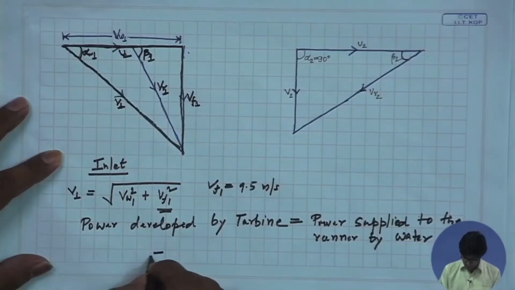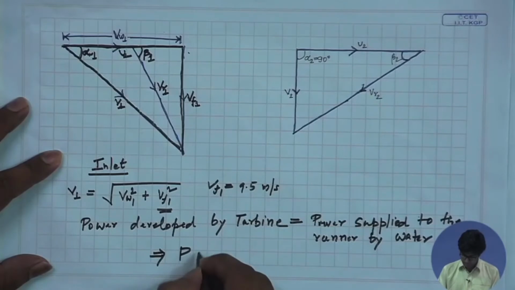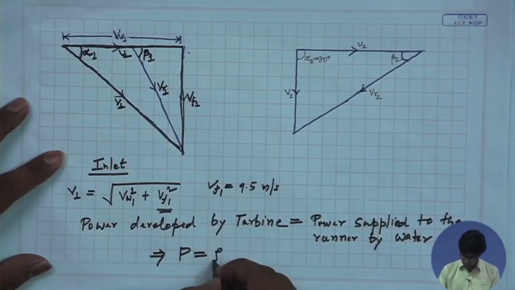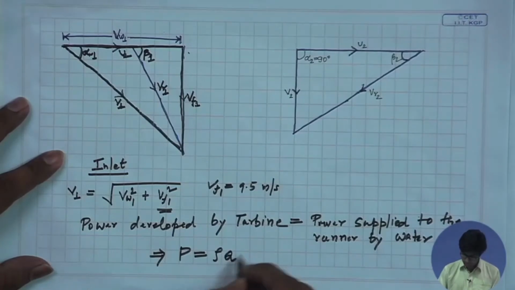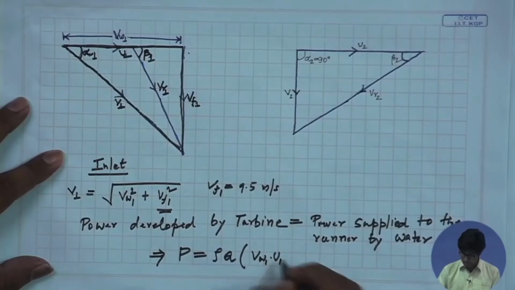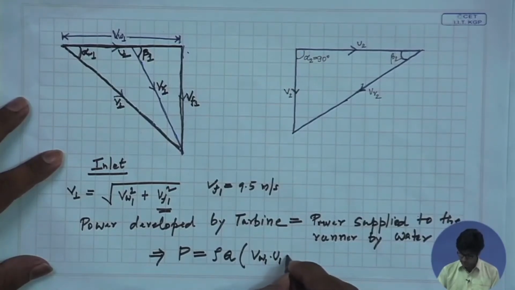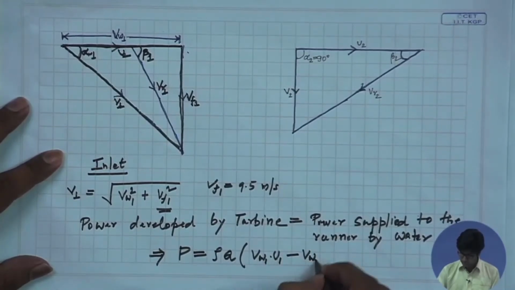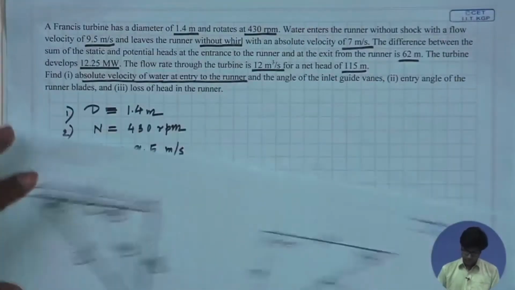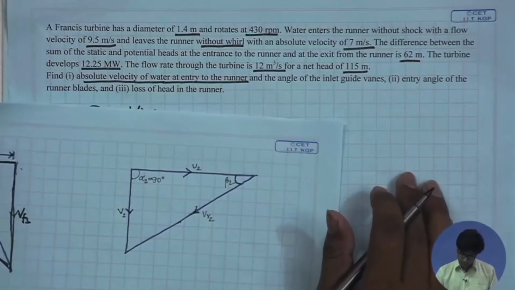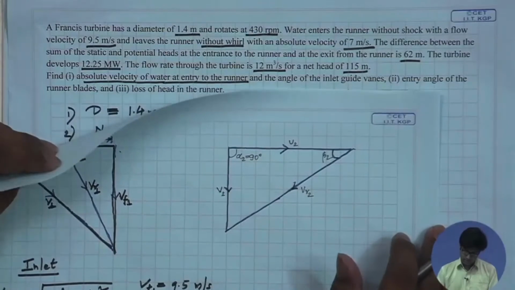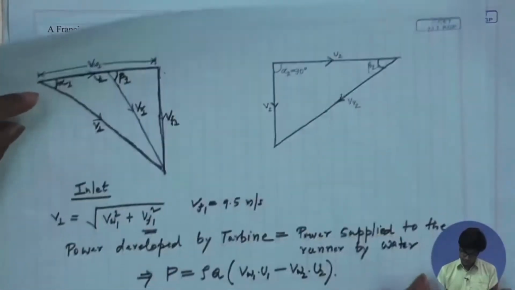So the power P is equal to rho Q into V W1 into U1, where U1 is the peripheral velocity of the runner blade at the inlet, minus V W2 into U2. Now, in the problem, it was said that the flow at the outlet of the runner blade exits radially, that is, the tangential component is 0.